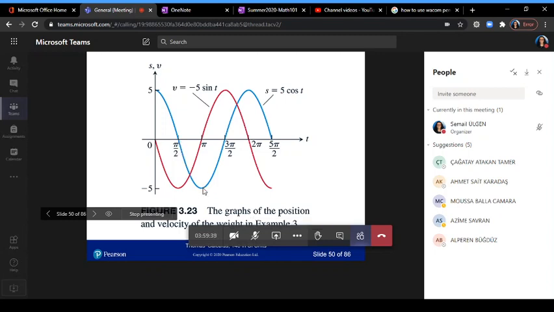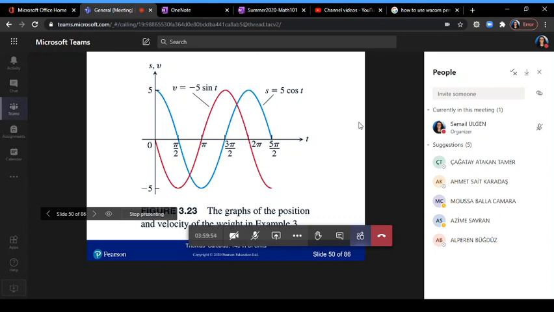At pi, it's gonna be at the -5 position, and then at 3 pi over 2, it's gonna come back to the rest position, and then at the 5 position, and it's gonna go up and down, up and down.